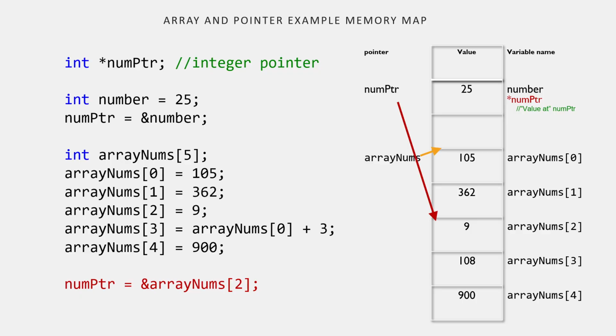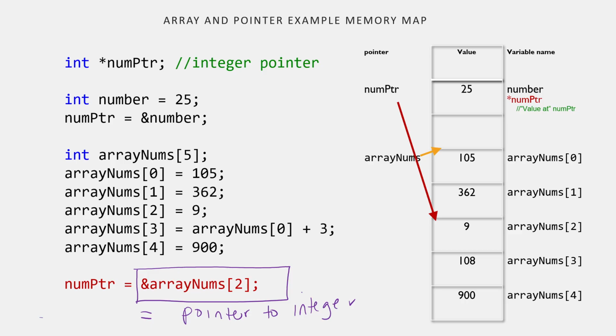Okay, now I can take the address of array nums at index 2, which is a pointer to an integer, then I can assign a pointer to an integer to another pointer to an integer. Num pointer is a pointer to an integer. What that does, when you assign one pointer to another, you move the pointer.